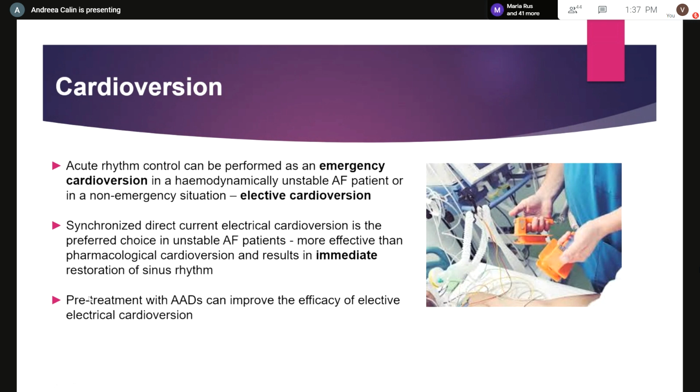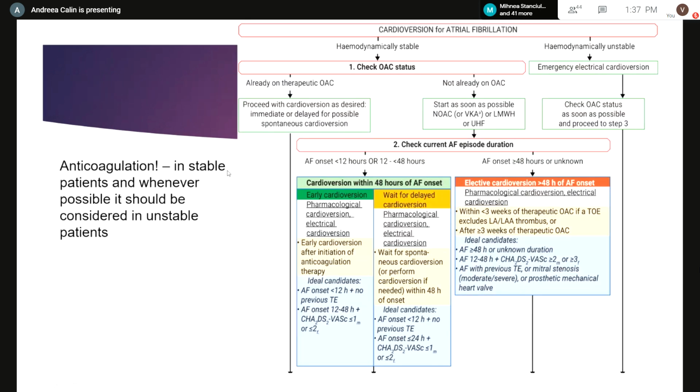We should think of pre-treatment with antiarrhythmic drugs before cardioversion to improve the efficacy of elective electrical cardioversion. In all these patients, mostly if they are stable, we have to think about anticoagulation before cardioversion to prevent thromboembolic episodes.